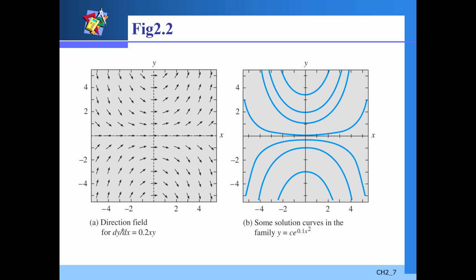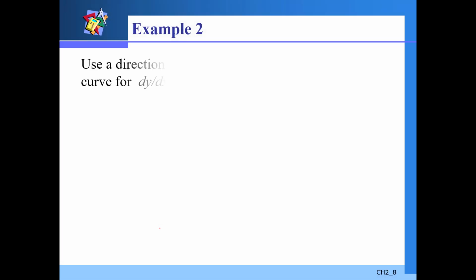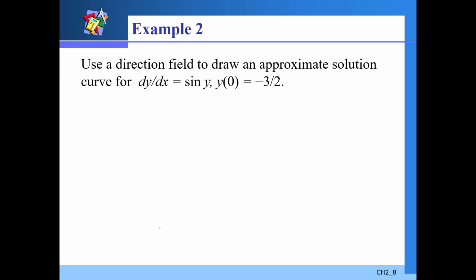So these are many solution curves. The solution of dy per dx equal to 0.2 xy is y equal to c e to the 0.1 x squared. This is another example you can write by yourself. Today this is just an overview of why the qualitative solution in ordinary differential equations is like without a solution.